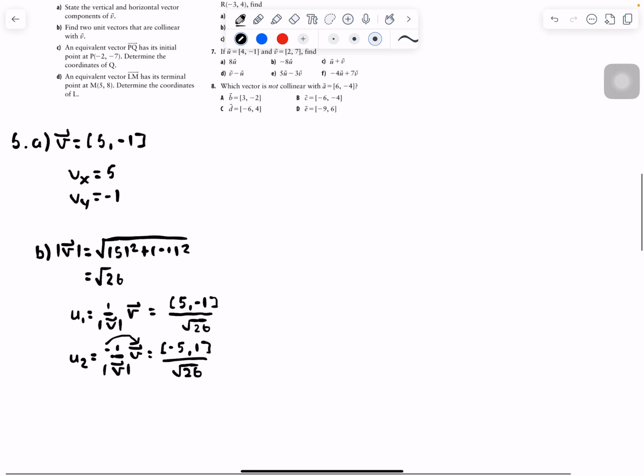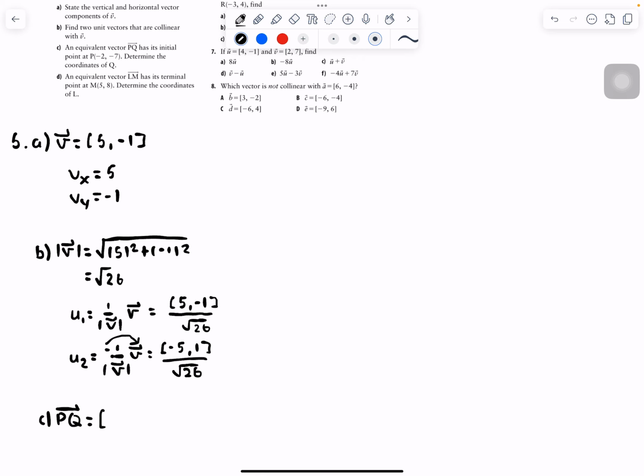Part C. An equivalent vector PQ has its initial point P at (-2, -7). Determine the coordinates of Q. So the vector PQ looks something like this. Its initial point P is (-2, -7).